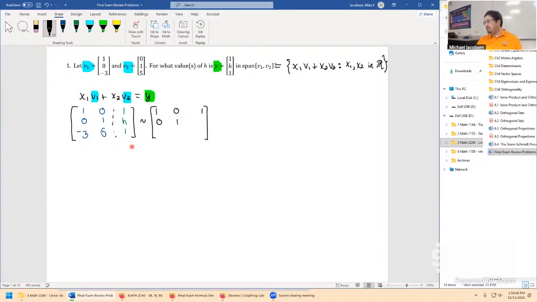So let's start by writing out the first two rows. Triple row 1, add it to row 3 to get 0, 5, 4. And then it's almost in echelon form the moment we eliminate the 5 down below here. So let's copy in the first two rows again.